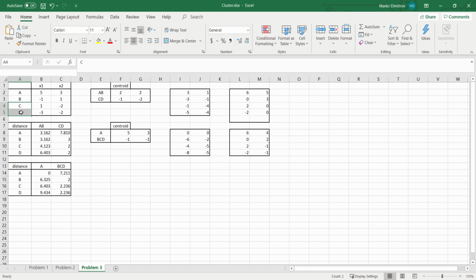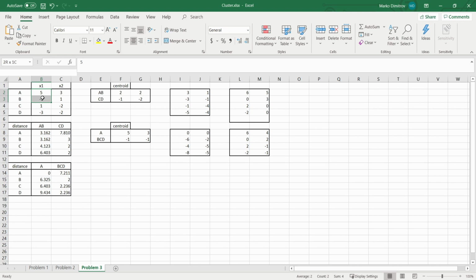Now we need to compute what I called the centroid. It is a mean. Because we have this cluster AB of 2 elements, what would be natural to be the centroid?